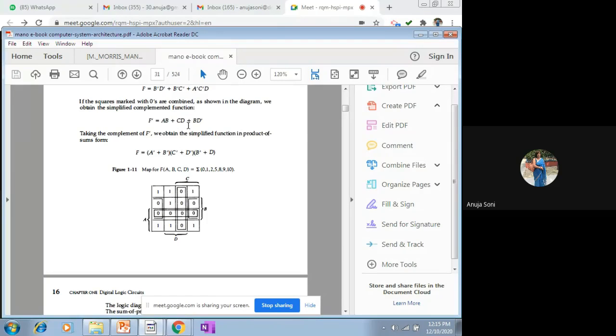After applying De Morgan's law, ultimately you will be getting this kind of expression, and this expression is called your product of sum. So this expression is represented in the product of sums of all these sub expressions, and this is the final product of sum form of your expression.